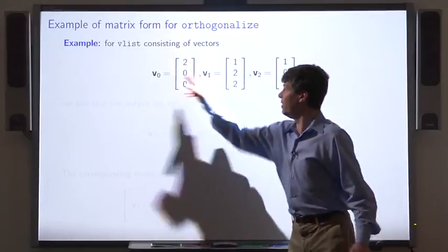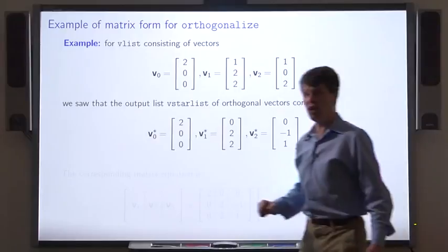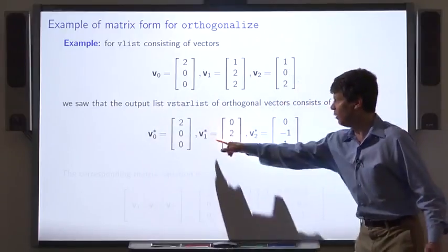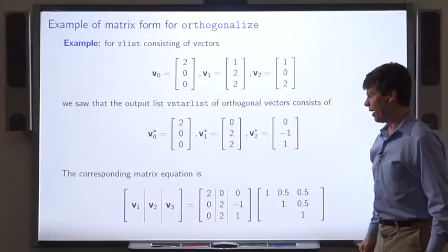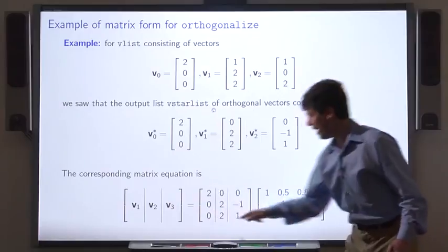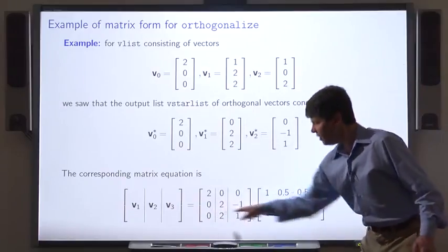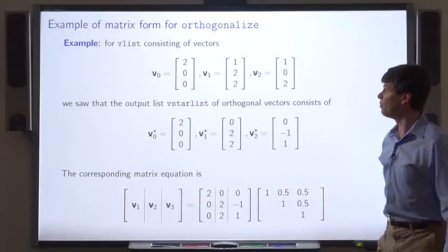If V list consists of V0, V1, and V2, the output V star list consists of V0 star, V1 star, and V2 star. We'd write the matrix equation in this way. These are the input vectors. These are the output vectors. These columns are mutually orthogonal, and this is an upper triangular matrix.